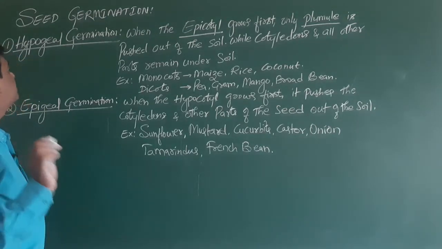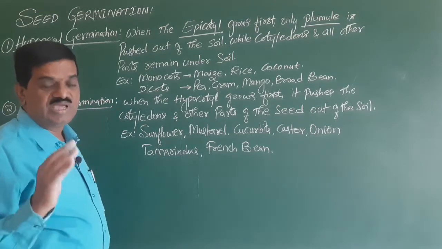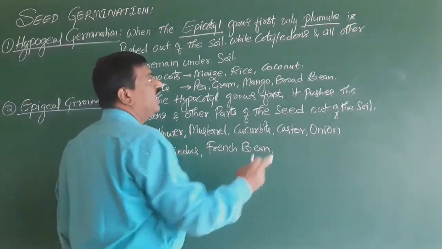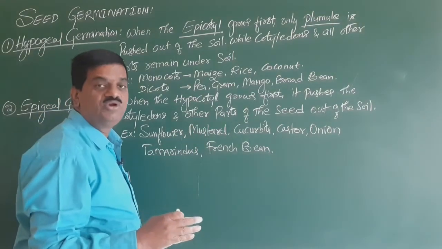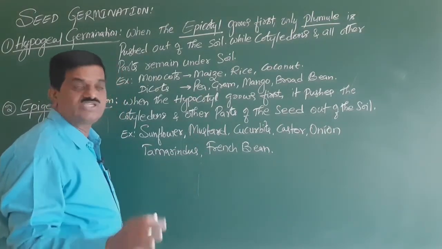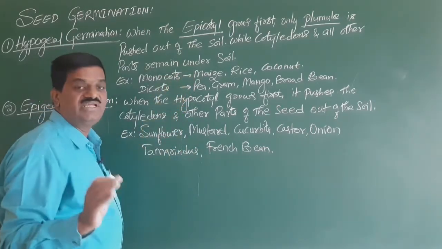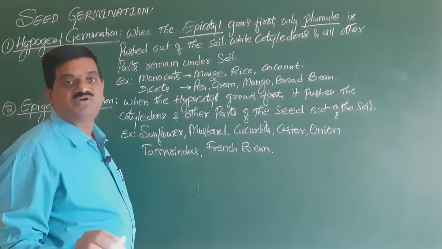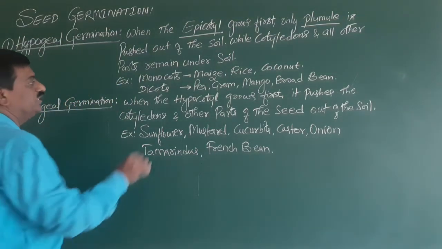I repeat this. In hypogeal germination, the epicotyl grows first, and only the plumule is pushed out of the soil. The plumule comes out of the soil while the cotyledons and the other parts remain under the soil. This type of germination is called hypogeal germination.